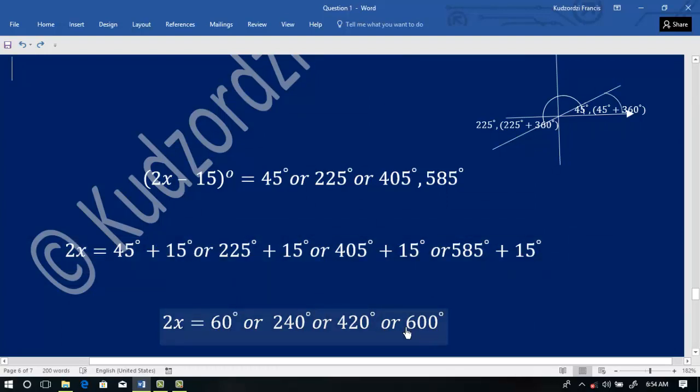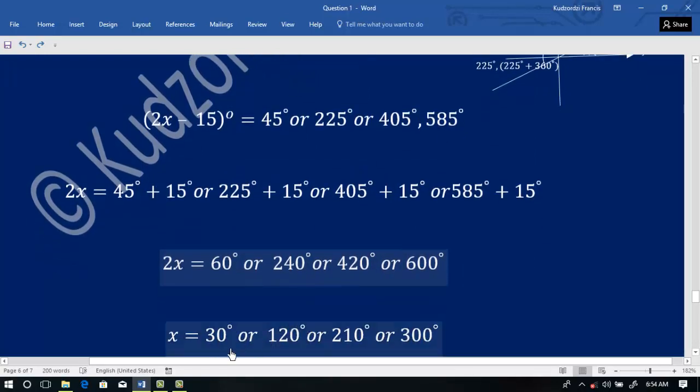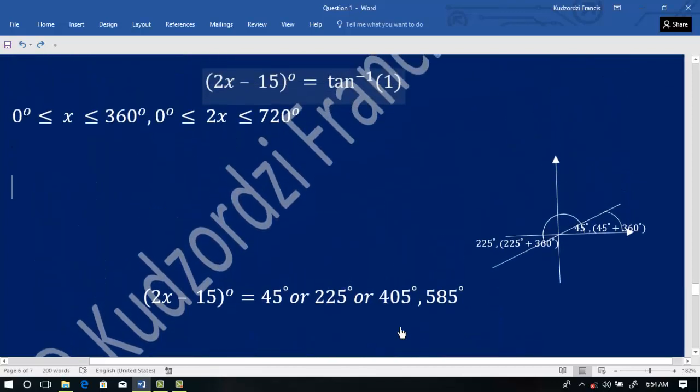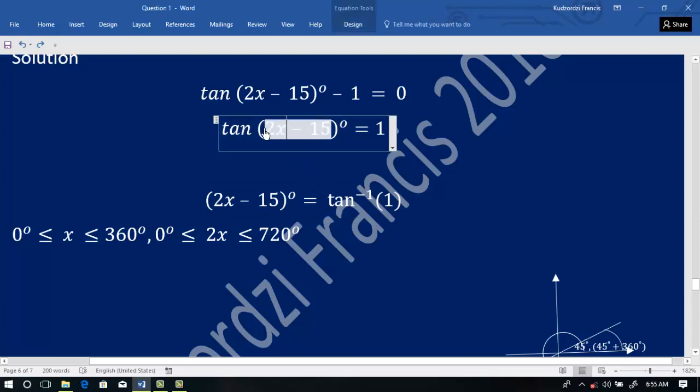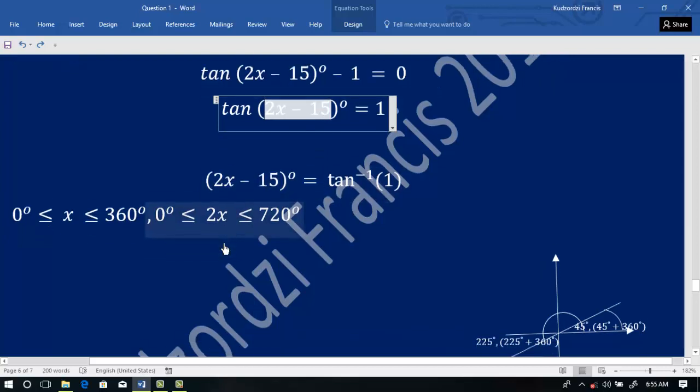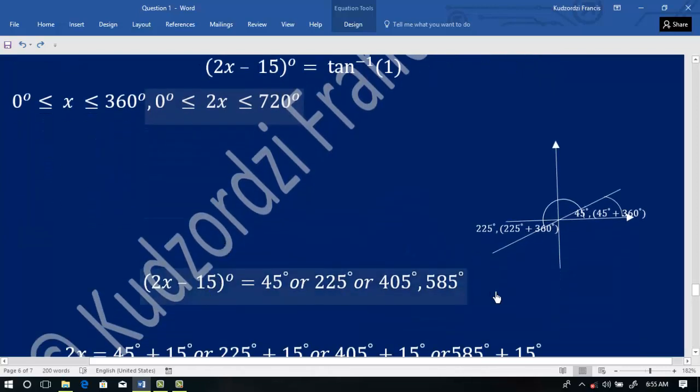Then divide through by 2 to get this. So you can see that all these angles are within 0 degrees to 360 degrees. So that's the value of x. So that is how the trig ratios behave. You have to be very careful about the arguments, especially when there's multiplication or division. But for addition and subtraction, the normal operation will cater for them.